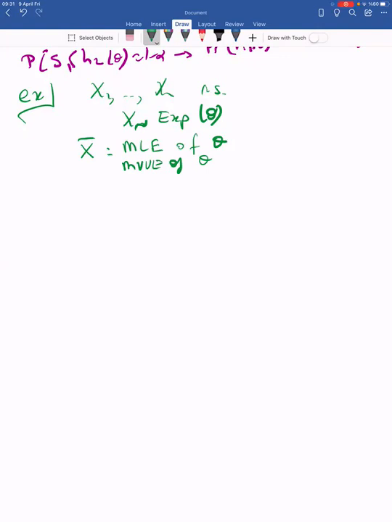So if we try to create intervals for a random variable that has a statistical table, then we prefer that one. We know that 2n X bar over theta is distributed as chi-square with 2n degrees of freedom. So instead of using exponential or gamma, we prefer to use this one.